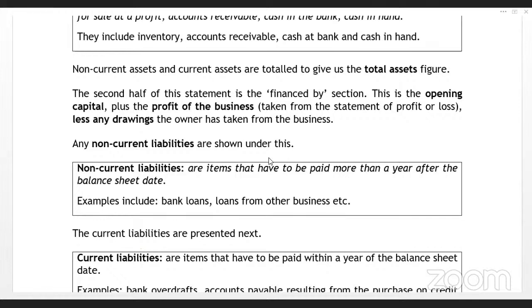Those liabilities that can take a period of 1 year when you're paying them. There can be deferred taxes. Sometimes there can be bonds payable, because normally bonds take a period of more than 1 year. So those will all be non-current liabilities.